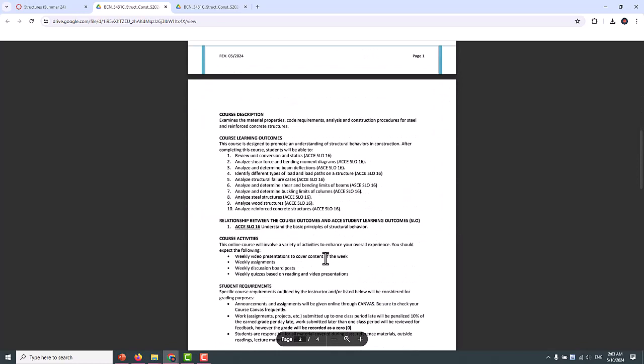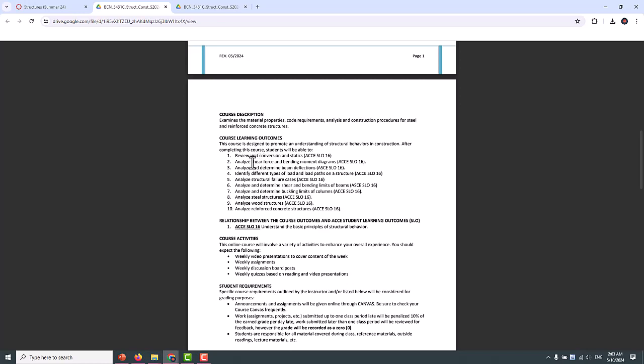The main learning objective of this course is to help you understand the fundamental concepts of structures in construction. Throughout this course, you will learn some topics. For example, you will review unit conversion. We will learn about the shear and bending moment diagram.